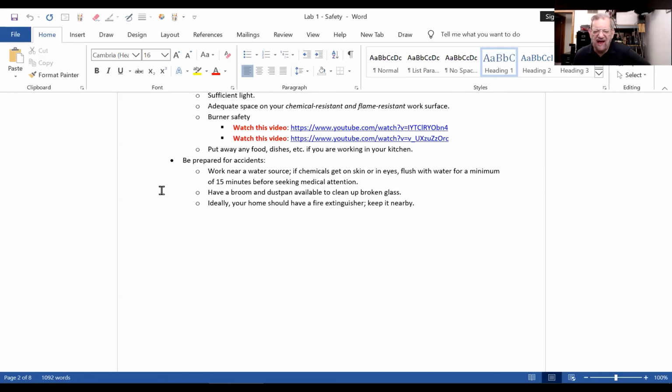If you break glass, don't pick it up with your hands. Use a dustpan and a broom. If you don't have a dustpan, get a couple pieces of cardboard, that will work, but you should have a dustpan around. If you have a fire extinguisher, keep it by. I have one in my kitchen. Never had to use it, but it's still there.